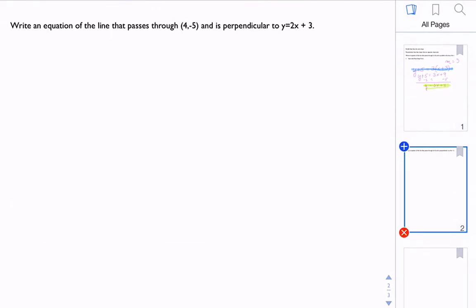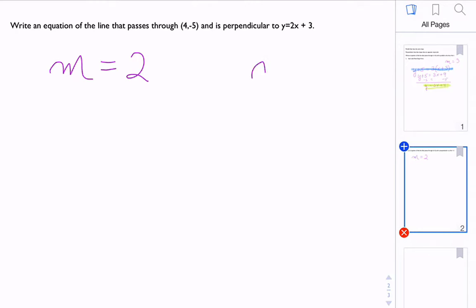Let's do another problem where it says to write the equation of a line that passes through 4, negative 5, and is perpendicular to this given line, y equals 2x plus 3. Well, the slope of this given line is 2. So a slope of a line that is perpendicular to this line is going to have to be the opposite of the reciprocal.